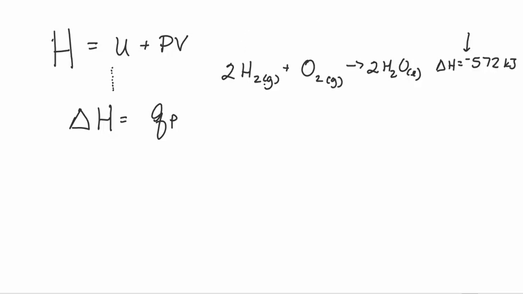So you have to notice how the moles are written. This value is appropriate for creating 2 moles of liquid water from 1 mole of oxygen and 2 moles of hydrogen. Multiply all of these coefficients by half, so that we end up like this.